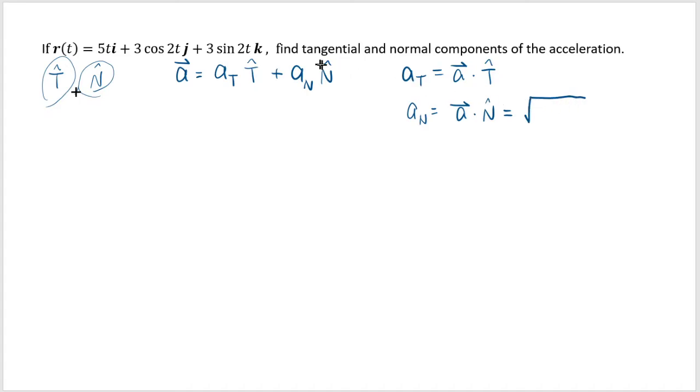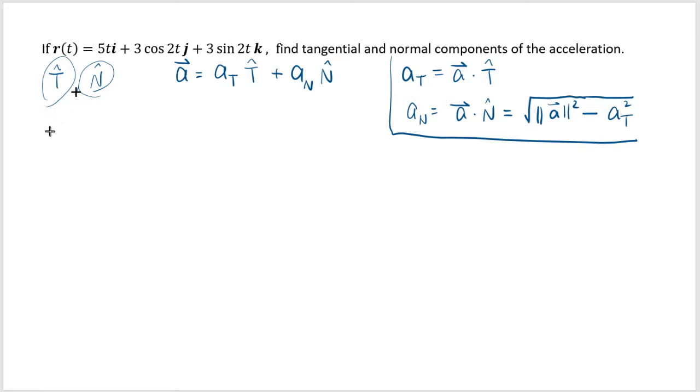The Pythagorean theorem says that a_T squared plus a_N squared is the norm of A squared, so you can solve that for a_N: take the norm of A and subtract the tangential component squared, and that gives you a_N. So this is the formula that you have to use.